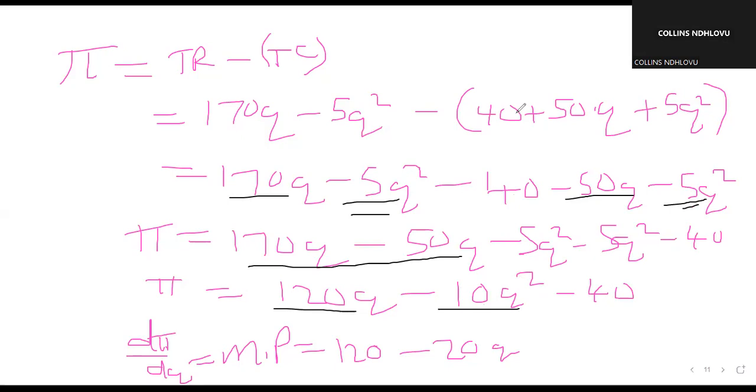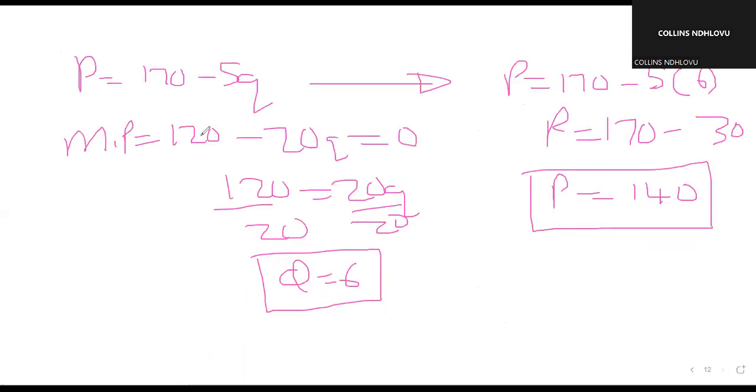So once that is done, we now equate to 0. That is called maximizing. So 120 minus 20Q, we equate this to 0. So when this 20 comes inside, it will be a positive. Divide both sides by 20, our Q is 6.